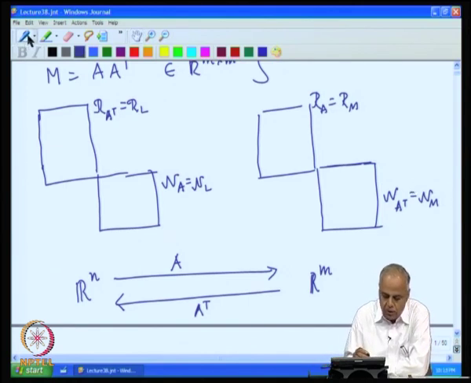And these bases we denoted them as V 1, V 2, V rho.